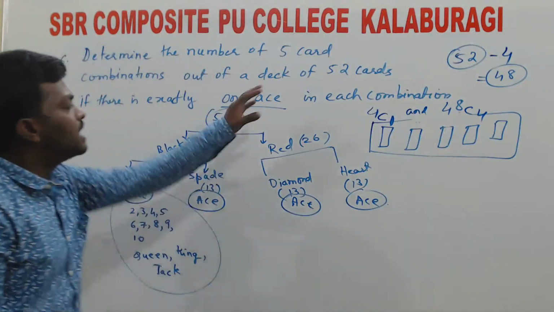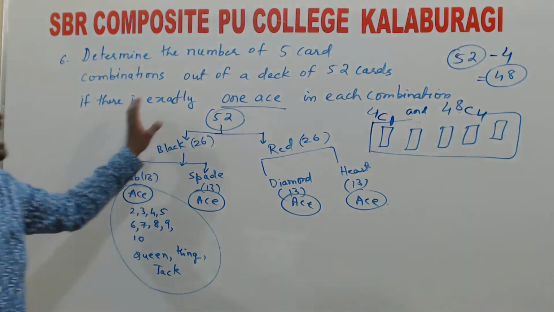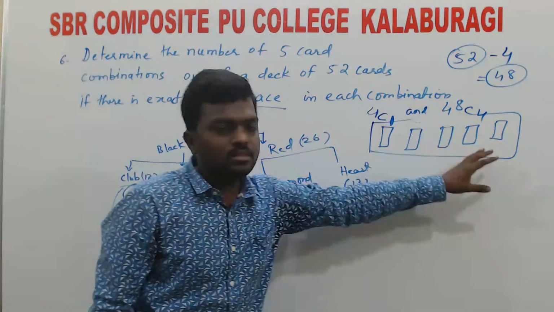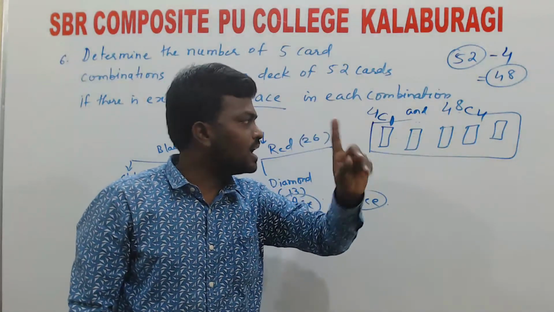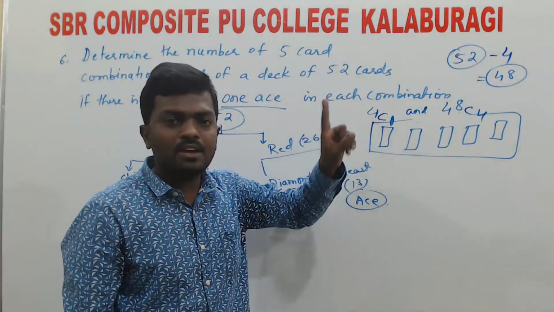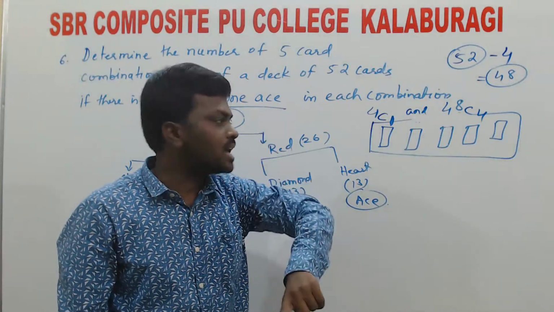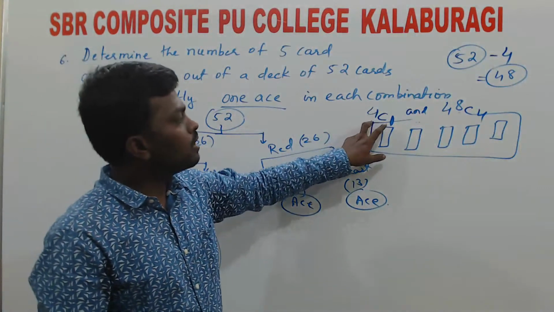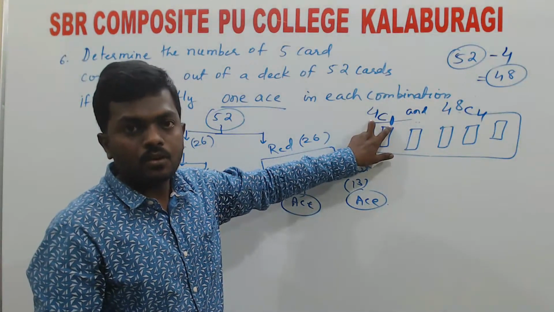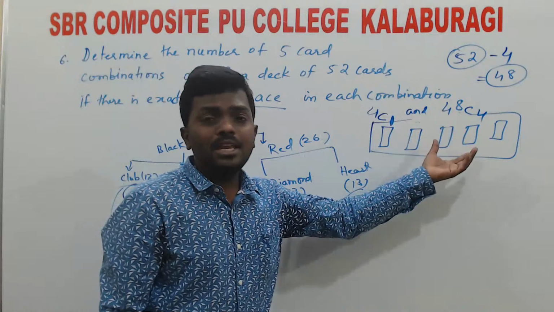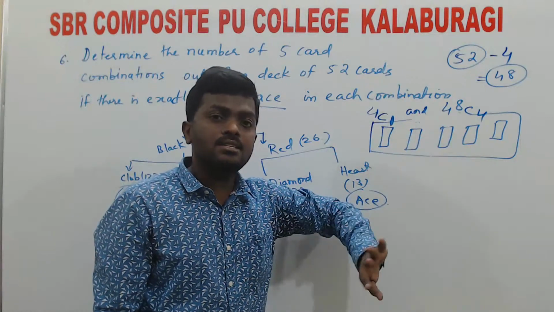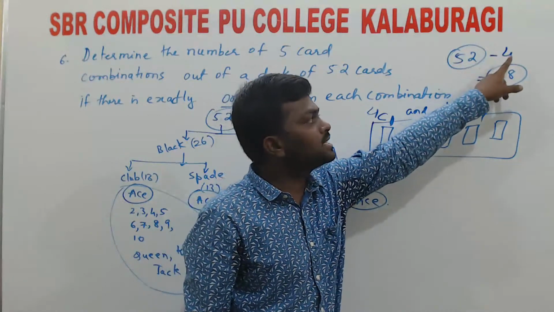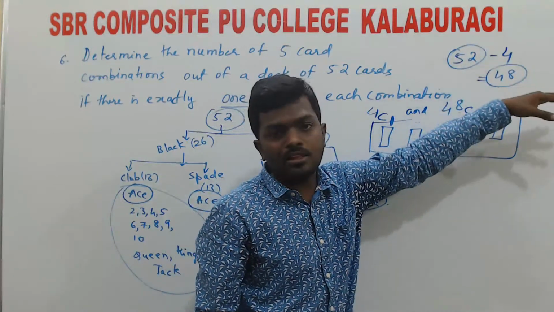So there are 52 playing cards and exactly one ace must be in that combination. Among the 5, at only one place you have to take an ace. How many aces are there? 4, taking one at a time. Now in the remaining positions you cannot take an ace, so remove all the 4 aces.